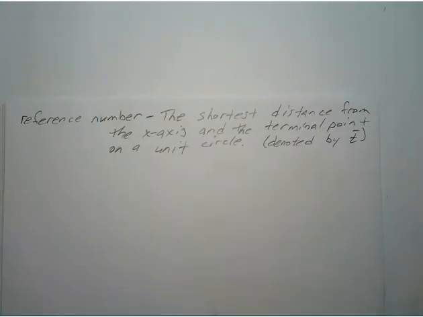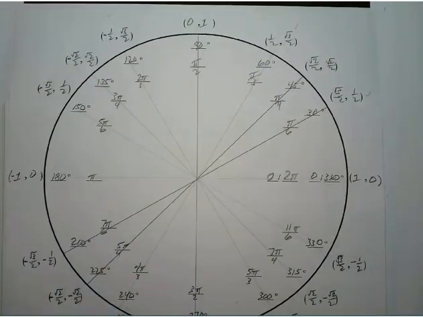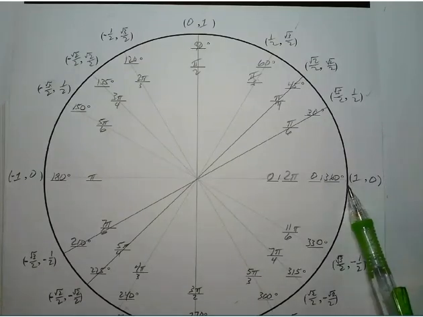All right, so to give you a visual of what's meant by this, let's go back to our handy dandy graph. There we go. The shortest distance between the x-axis and the terminal point.